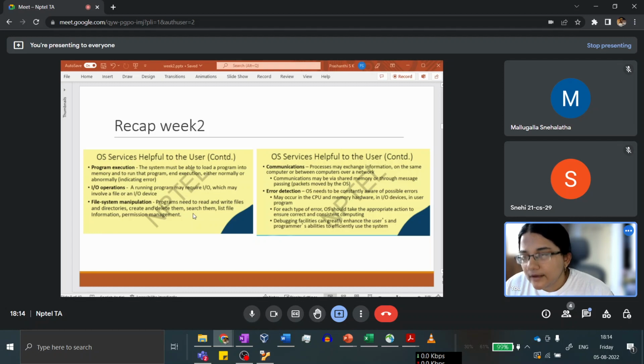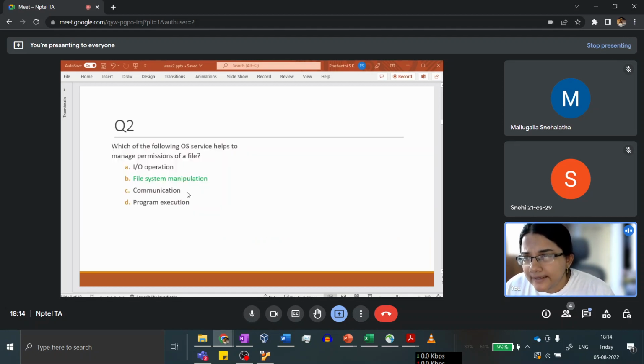For instance, who is allowed to read a particular file, who is allowed to execute a particular file. So if, for instance, in Ubuntu or some other flavor of Linux, you don't have write permissions to a file and you try writing to it, you'll get an error saying read only, right? So a lot of such file system permissions, creation, deletion, management is handled by the OS services for these things. So that's why the answer to this is file system manipulation.